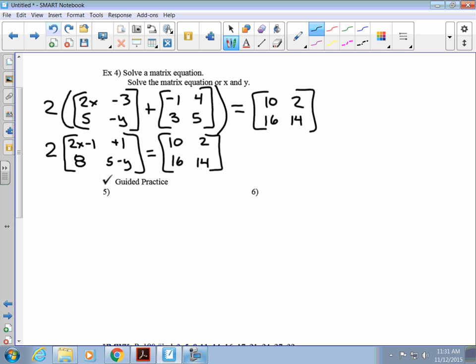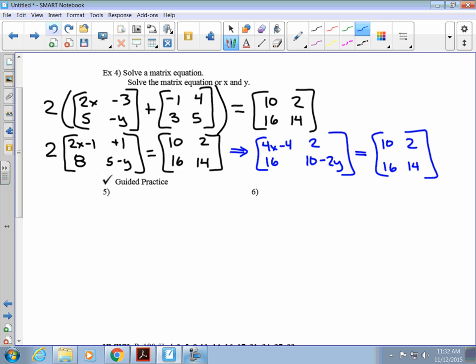Now we have to do the matrix multiplication of the scalars. So I'm going to keep going over here on the right. That's going to be 4x minus 4, 2, 16, and 10 minus 2y. And again, it equals 10, 2, 16, 14.